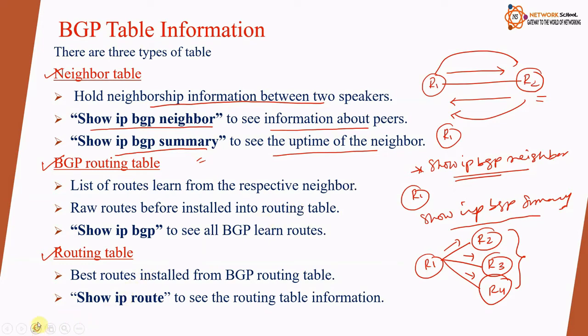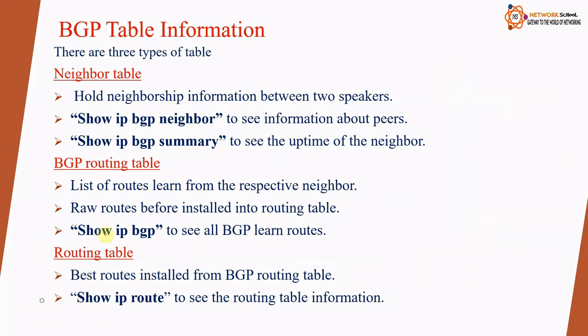Let me check now the BGP routing table. The BGP routing table is nothing but all the routes that the router learns from its peers. Let's say we have router R1 connected to R2, and we have an update from R1, 1.0/24.